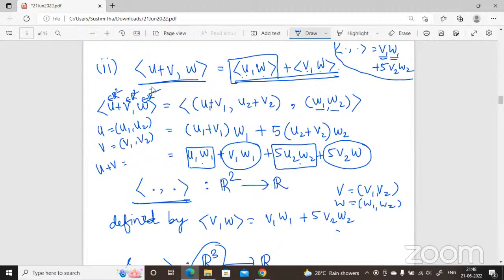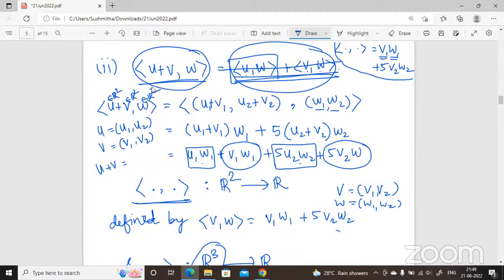I'm not getting this last line. Okay, forget this. You have expanded this, you've got this. Now you expand the other. If you get the same thing, then these two are equal, right?